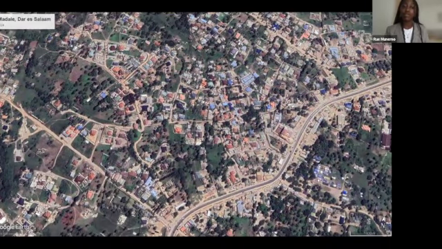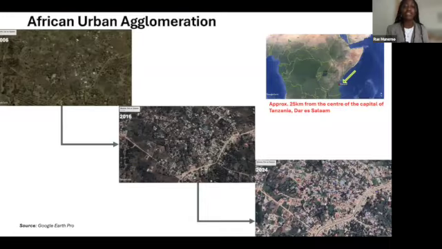There are finally signs of services making it into the area. However, the people have continued to build individually without the assistance of the government. And this type of progression and agglomeration is so common in Africa.